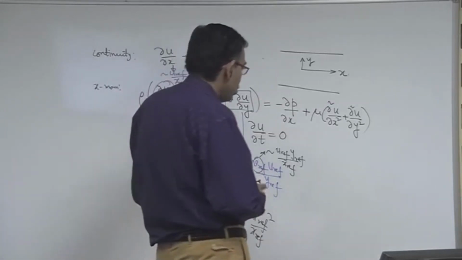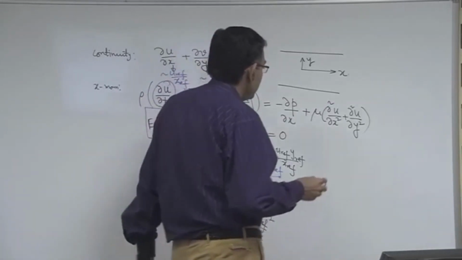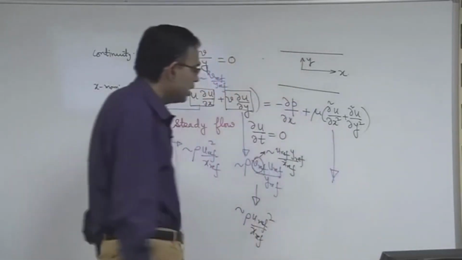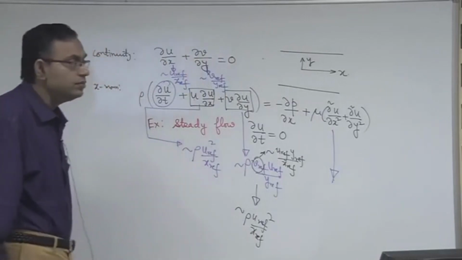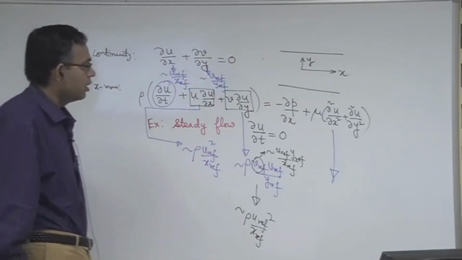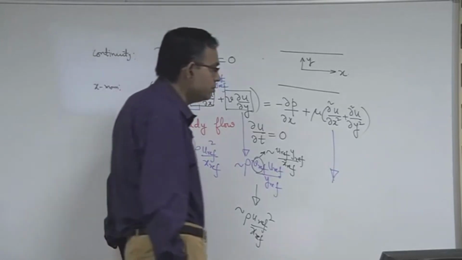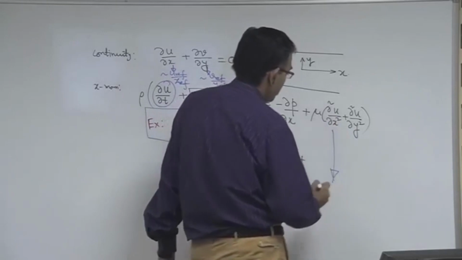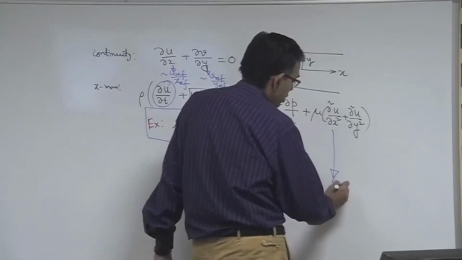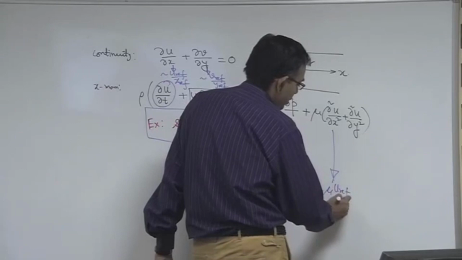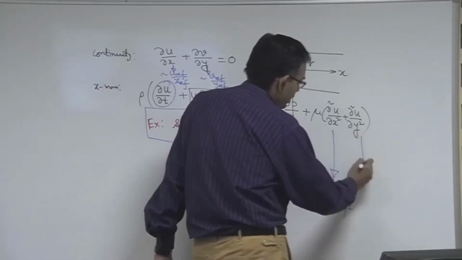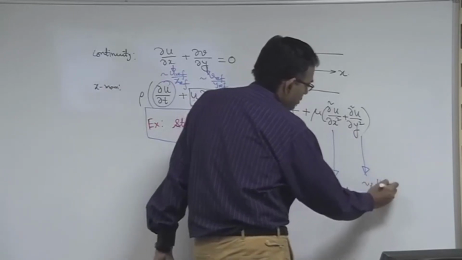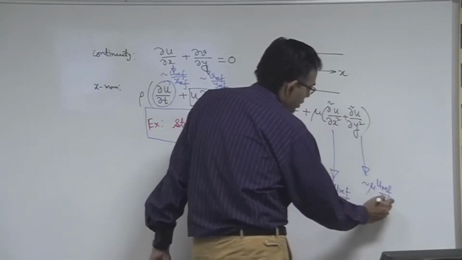Let us now look into the viscous term. The pressure gradient term we will consider separately. What is the order of this term? Mu u reference by x reference square, and this term is of the order of mu u reference by y reference square.